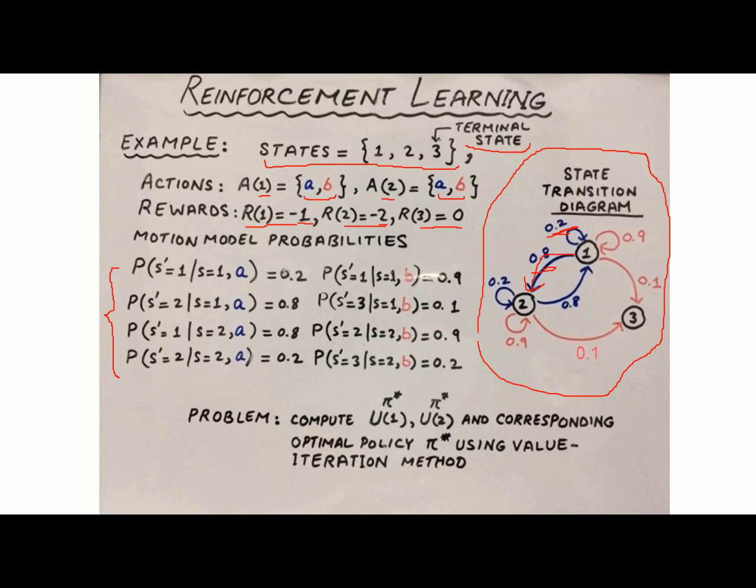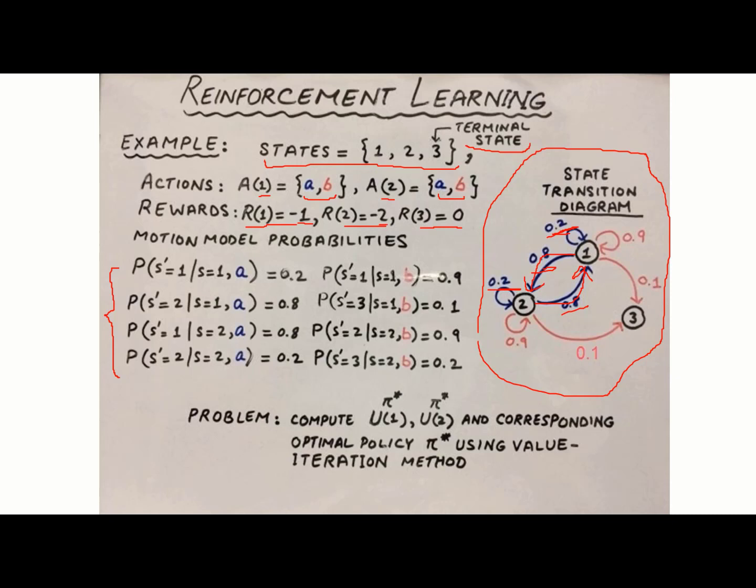Same goes with state number 2. So if you take action A in state number 2, then you will reach state 1 with probability 0.8, and remain in state number 2 with probability 0.2.